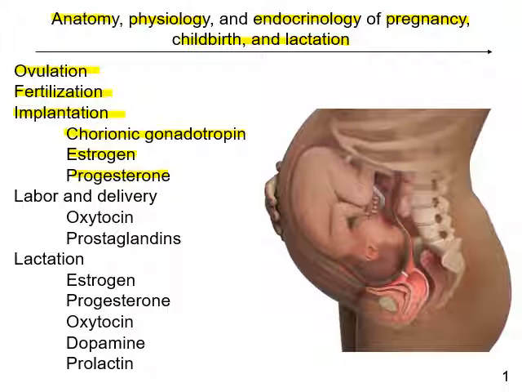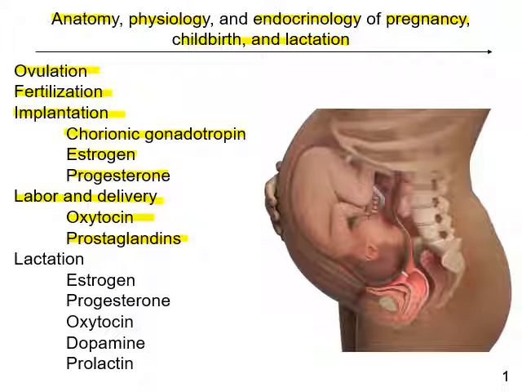Then at the end of the pregnancy, we will talk about labor and delivery briefly and talk about the hormones associated with labor and delivery: oxytocin from the posterior pituitary and prostaglandins from the uterus itself.